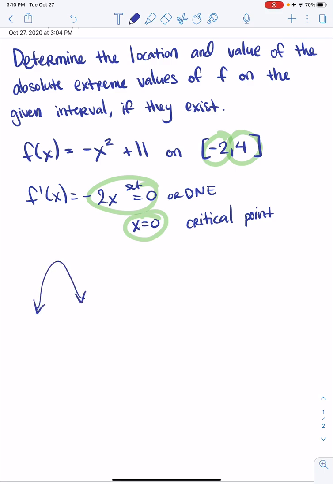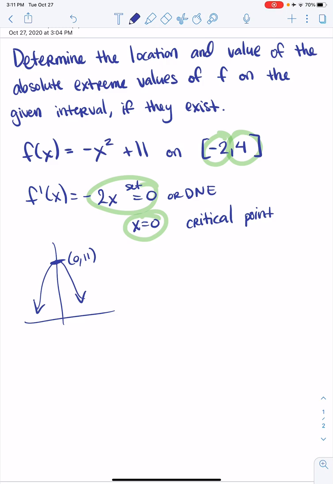So this point is occurring at 0 comma 11 because we have this plus 11. That's just kind of what I know it looks like, so I think of a parabola. Anyway, I know that any polynomial is continuous.